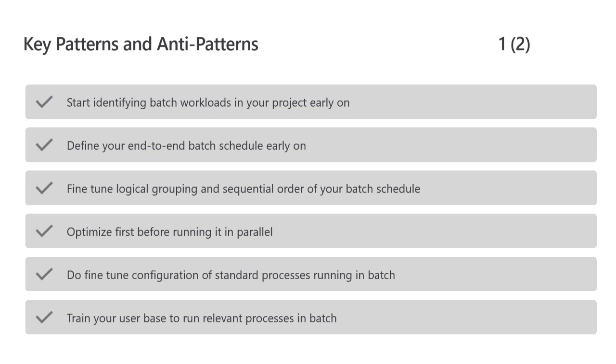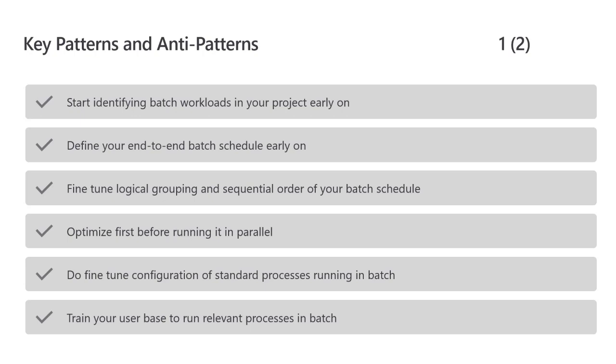Another important aspect is that you also start crafting your end-to-end batch schedule as soon as possible. You want to take non-functional requirements and your operational schedule into account to get a first understanding about what can or needs to run when. Possible nightly batches or batches that can run in other time frames without interactive usage can then be defined and classified.